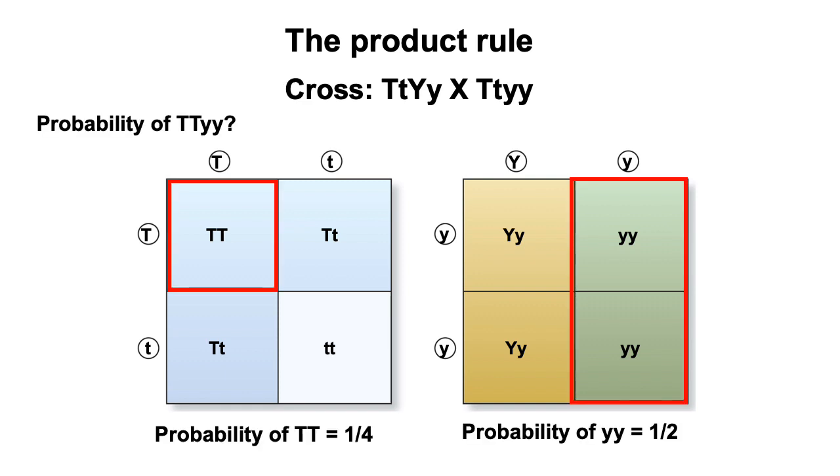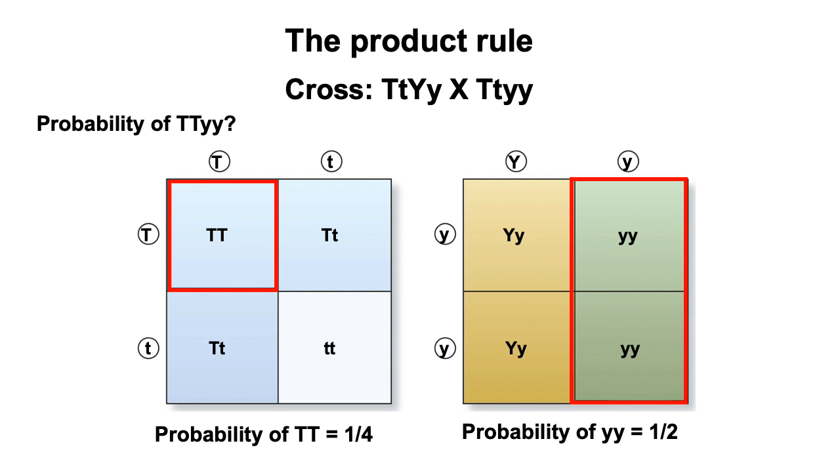So now let's use the product rule to ask a specific question. In doing this cross that's indicated here, what's the probability of getting an organism that's homozygous dominant at T, but homozygous recessive at Y? Well, what is the probability of being homozygous dominant at T if we did just that T cross? That would be 1/4. It's 1 out of the 4 squares.